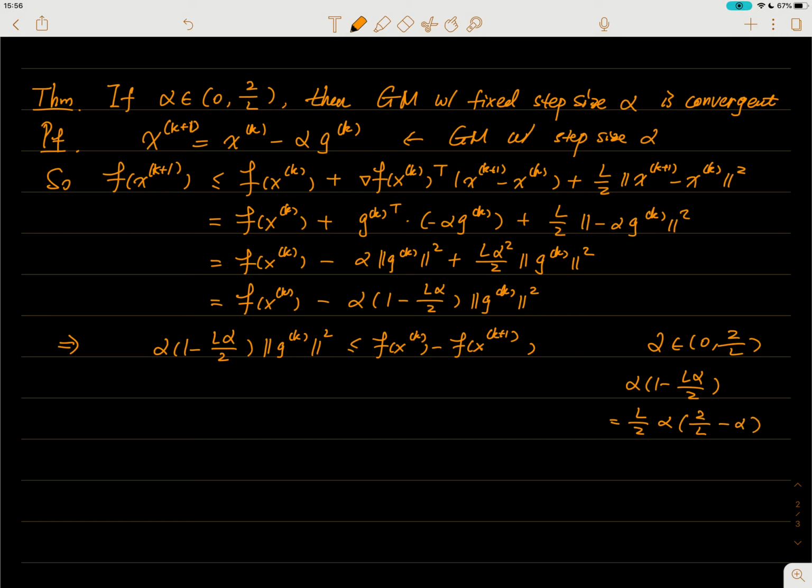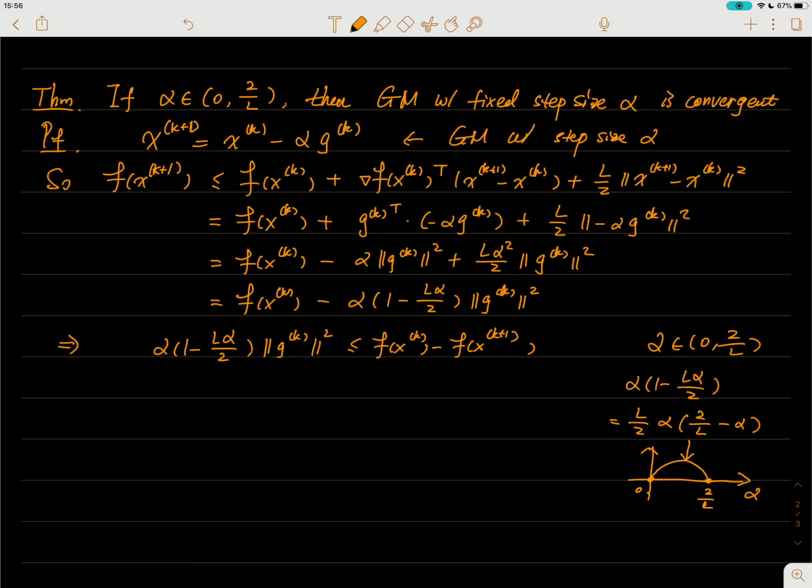If I draw it, when alpha equals 0 this is 0, and when alpha equals 2 over L this is also 0. The leading term is negative, so it should look like this.